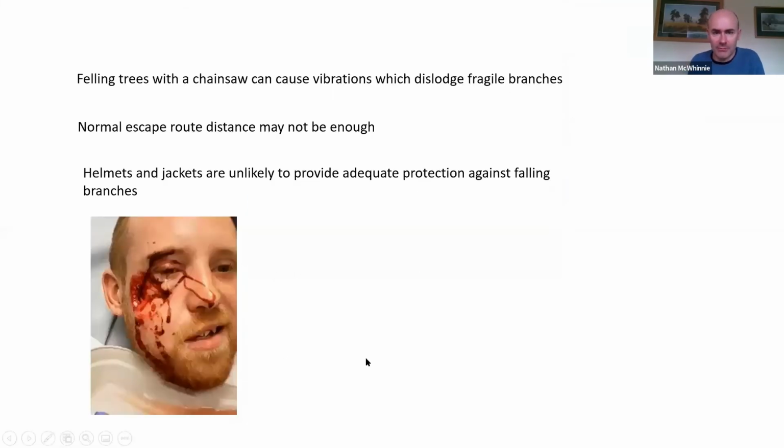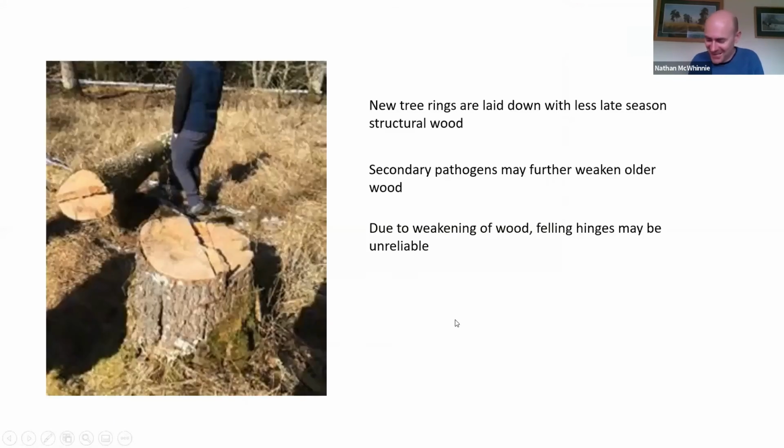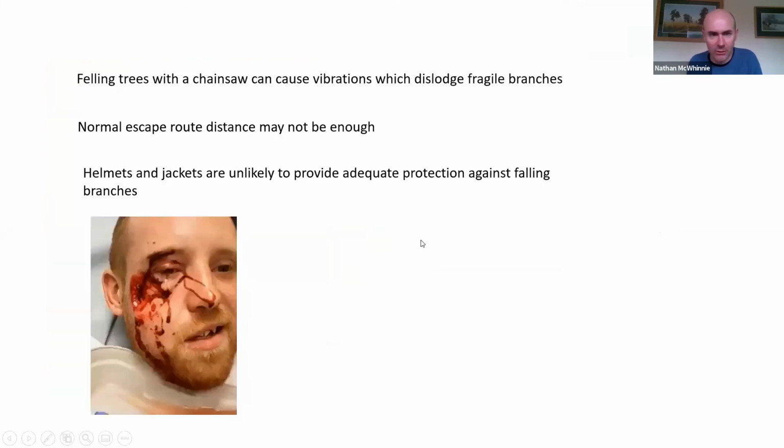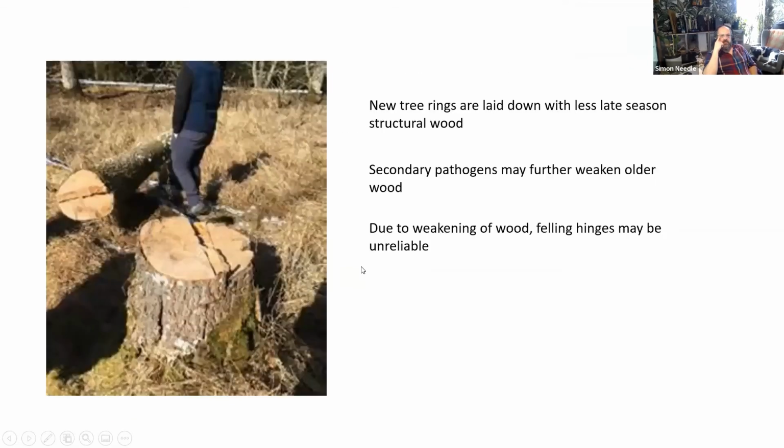Oh, hang on. I should have said that the next image isn't very nice. It's got a big wound on the man's face. So if you are squeamish, I'd look away a bit. This was caused by felling a tree. I'll move off it.